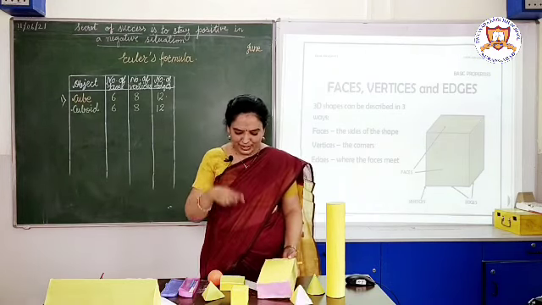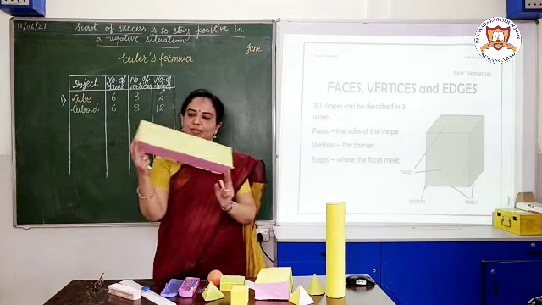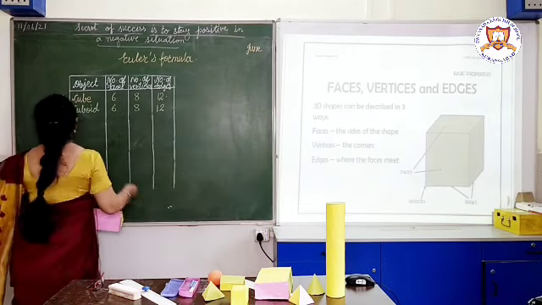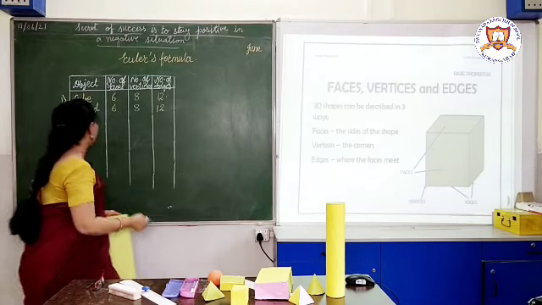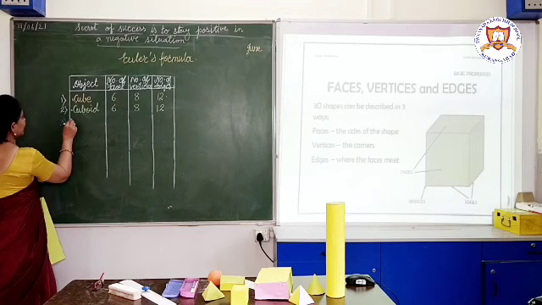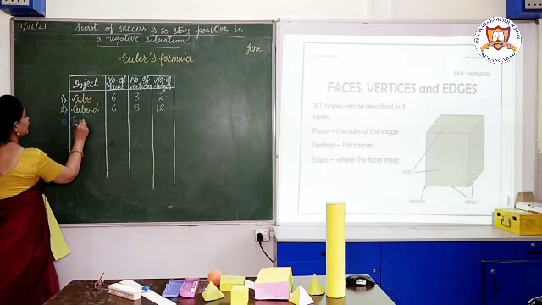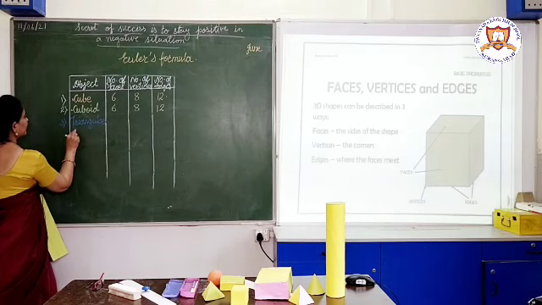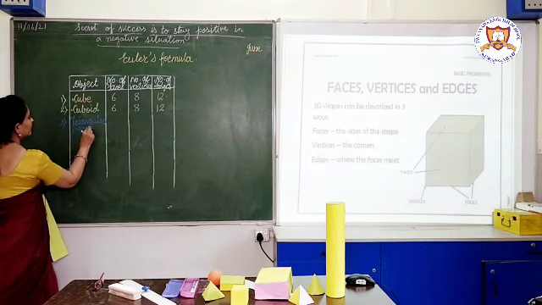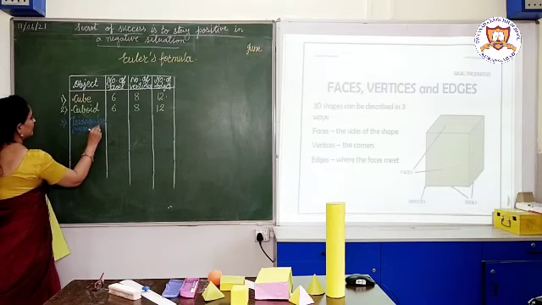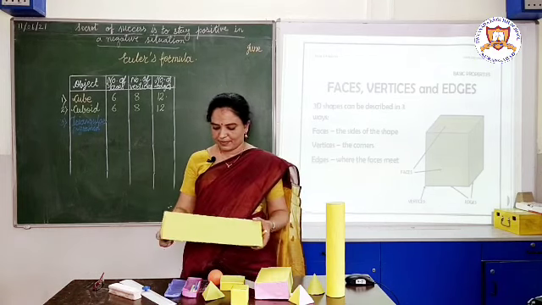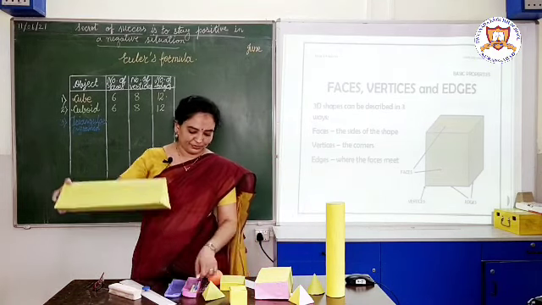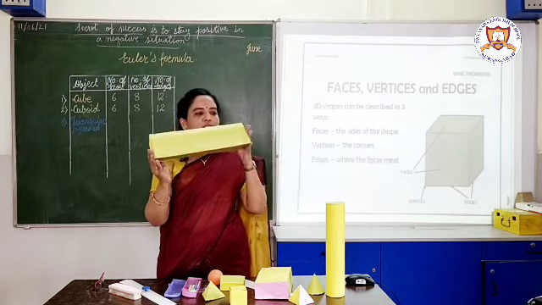Okay, we will go for another. Go for this triangular pyramid. Different color. Triangular pyramid. Now see the faces. These two triangles.